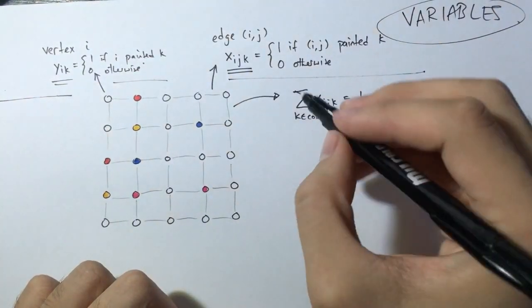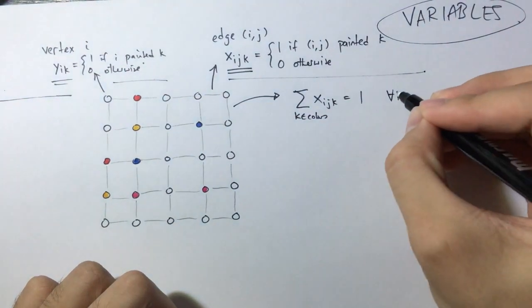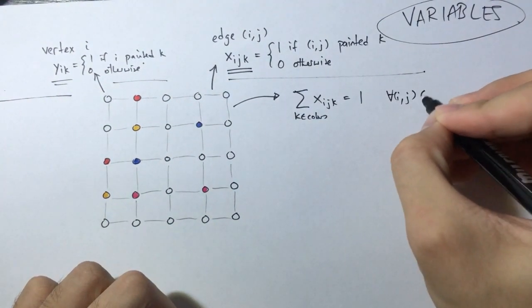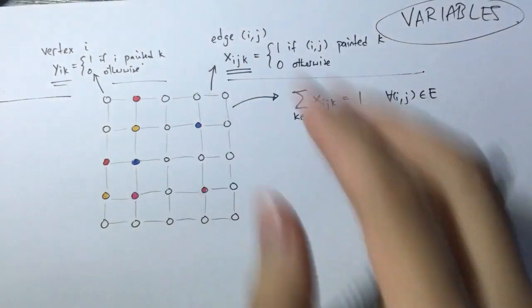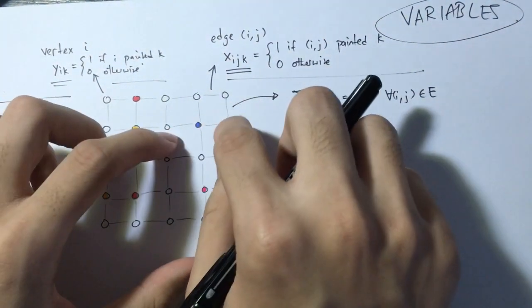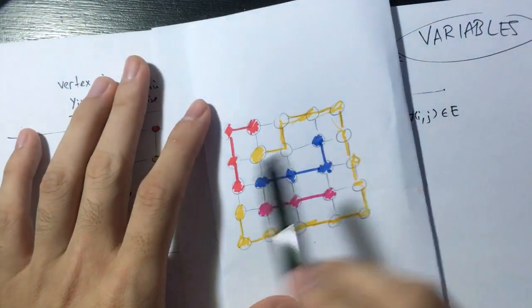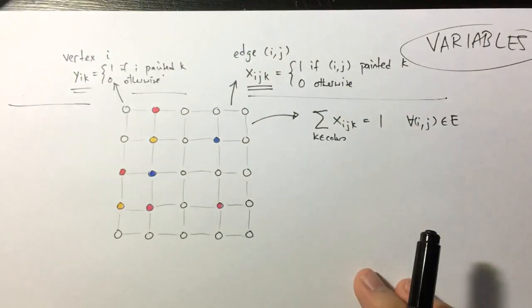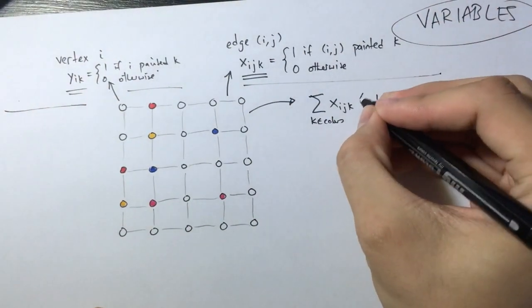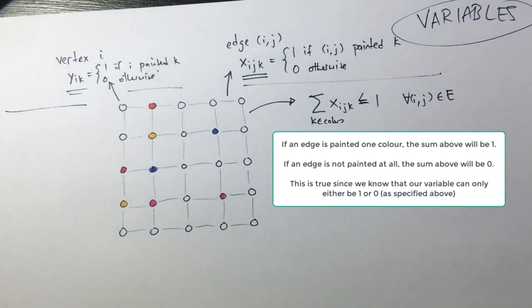Like so. This will be one of the constraints, and this applies for all i, j in the set of edges of our graph. This ensures that one edge can only be painted one color, but it turns out that is not particularly true, because sometimes, as you can see here, we have some edges which turn out to not even be colored. So it's not really equal to, it is less than or equal to, like so.